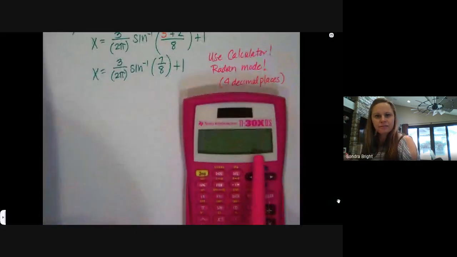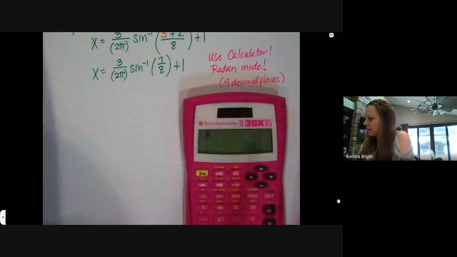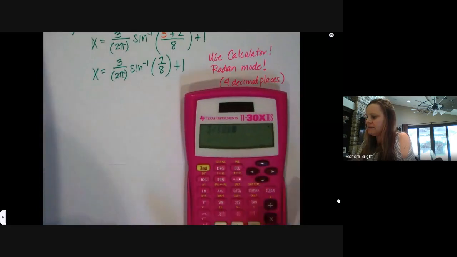I'm going to go 3 divided by, put parentheses around it, 2 pi, and close the parentheses. Now that's the only thing that'll be divided. Now they're going to multiply times. You could put times if you want to. Doesn't matter. Inverse sine of 7 divided by 8 and the parenthesis, and then plus 1.